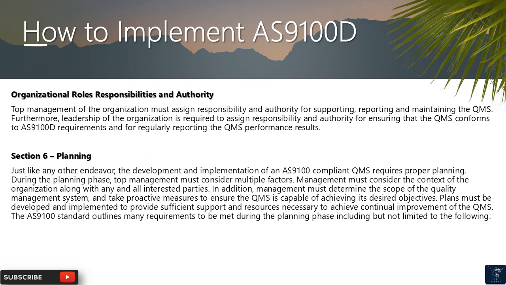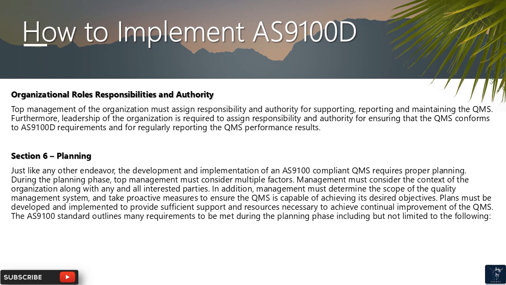Top management of the organization must assign responsibility and authority for supporting, reporting, and maintaining the QMS. Furthermore, leadership of the organization is required to assign responsibility and authority for ensuring that the QMS conforms to AS9100D requirements and for regularly reporting the QMS performance results.